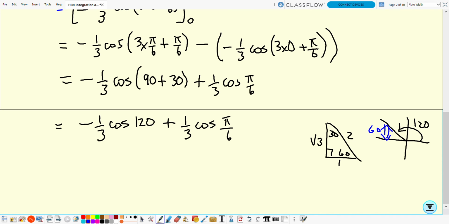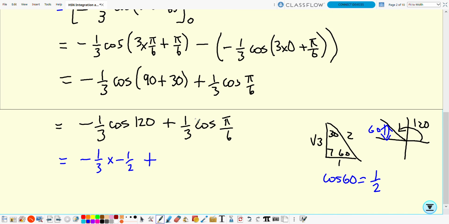But of course the cos is also negative in that second quadrant. So if we know the cos of 60 is positive 1/2, that means the cos of 120 will be negative 1/2. So you'd have negative 1/3 times negative 1/2.